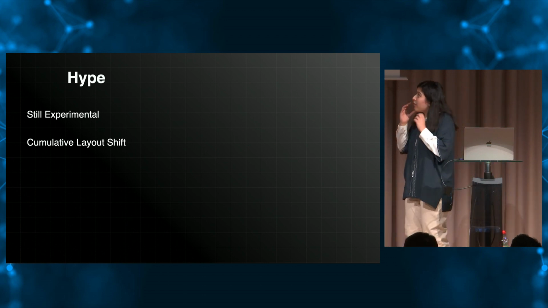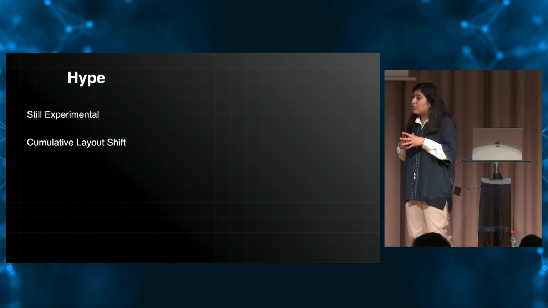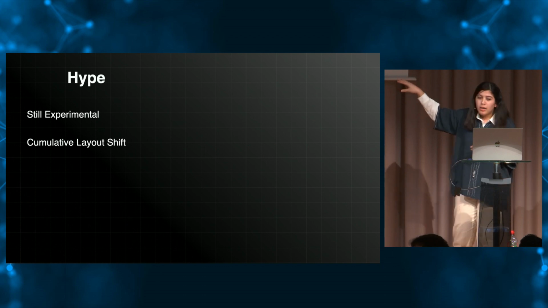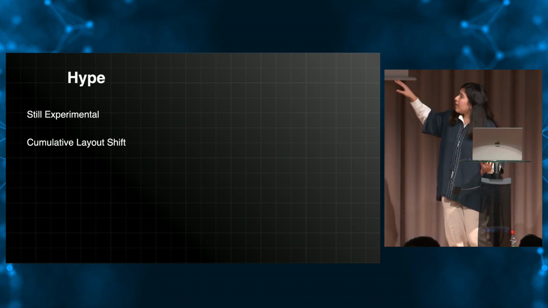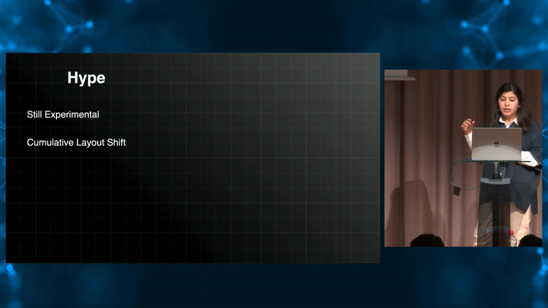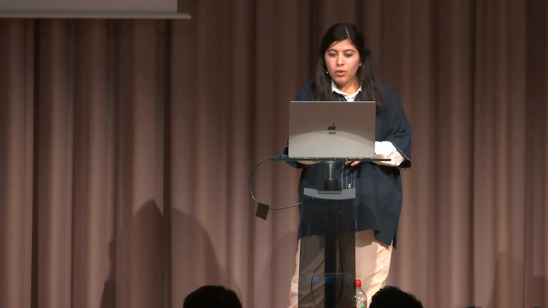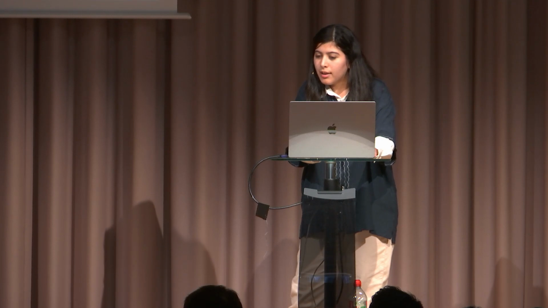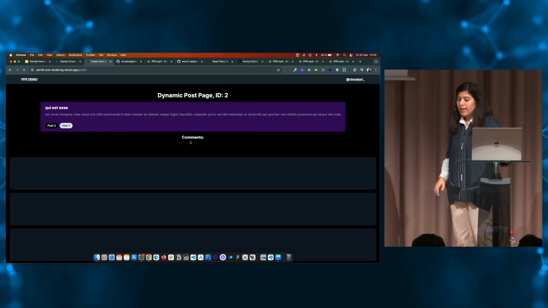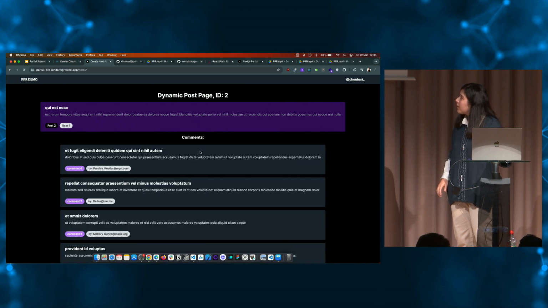The second argument for why this feature is a hype is that we will have a sort of problem with cumulative layout shift. Cumulative layout shift is a core web vital measuring visual stability. As I showed you in my little demonstration, we see that we have a little bit of padding between the comments and the actual placeholder.